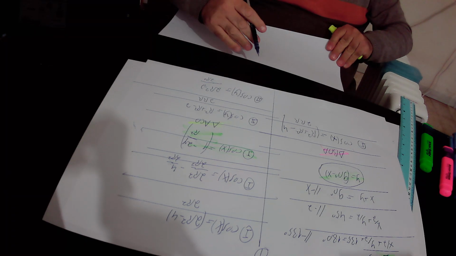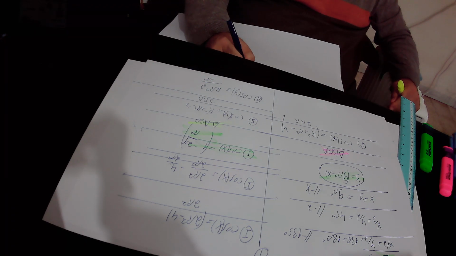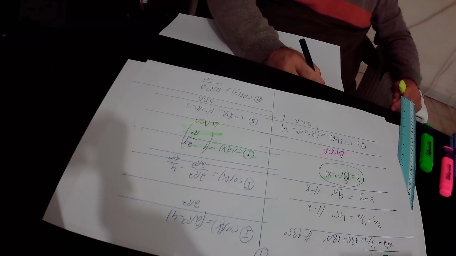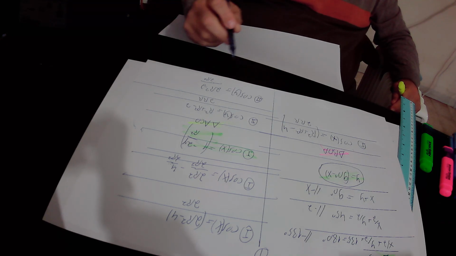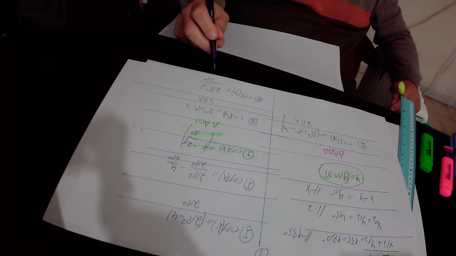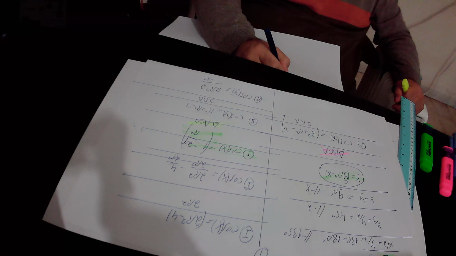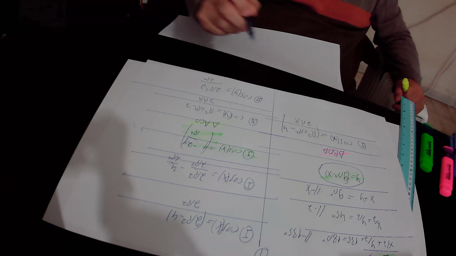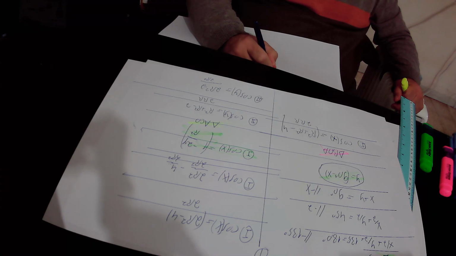And we get that according to equation number 2, cosine y equals 2r squared over 2r squared as the first part, and the second part is minus 2 over 2r squared.